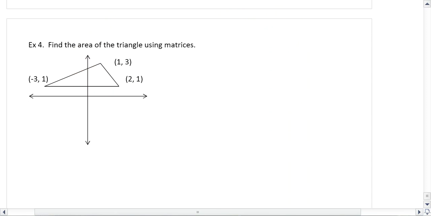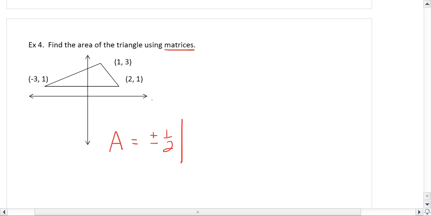All right, this is the last example for this section. You're almost there. We are told to find the area of the triangle using matrices. This could have also said find the area of the triangle using determinants. Same thing. So we're going to set up a matrix. This stands for area this time. The area of this triangle is plus or minus 1/2 times the determinant of the 3x3 matrix that we're going to make with these vertices.